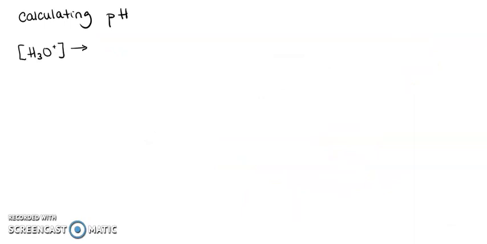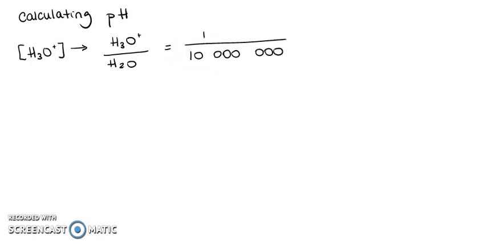So the concentration of hydronium ions is given as a ratio or a fraction, as the number of hydronium ions compared to the number of water molecules. So let's say for every 1 hydronium ion, there were 10 million water molecules. That still is not a number between 0 and 14, so here's what we do.